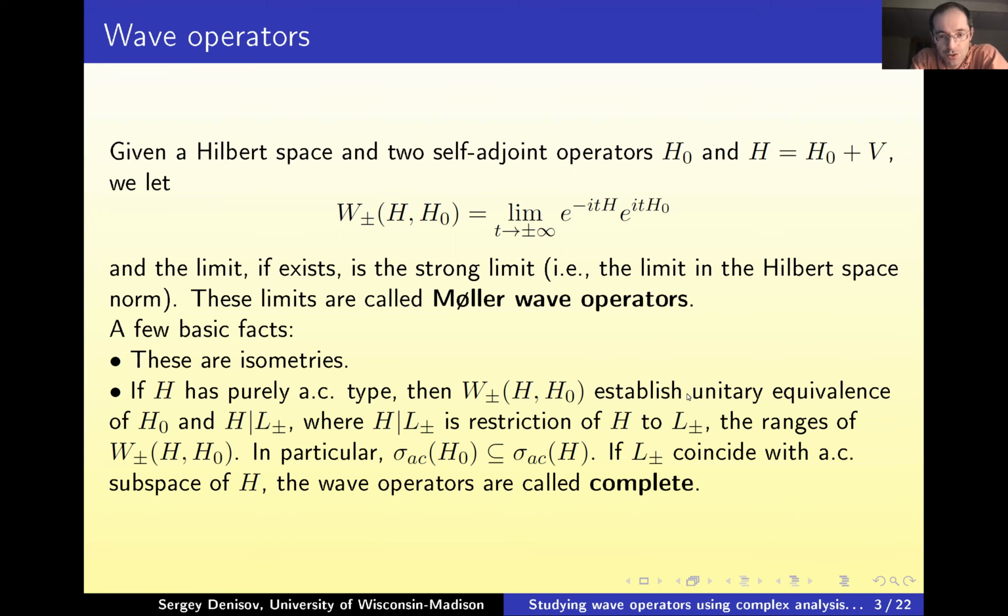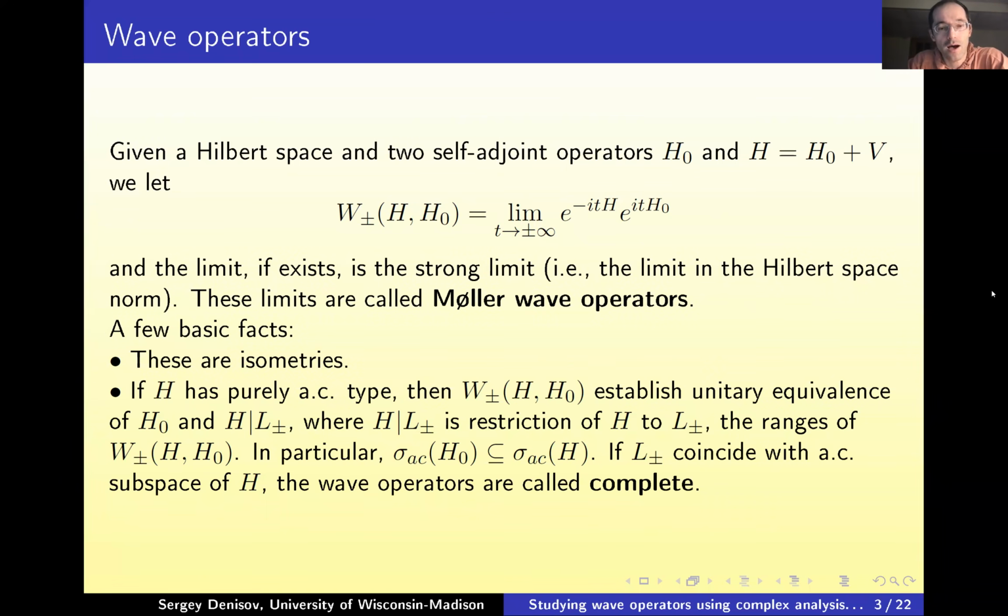The other one is H, a perturbation of H naught by some other operator V. I can tell you right away that this is a perturbative theory. We can always think of V as in some sense a small perturbation of the operator H naught.